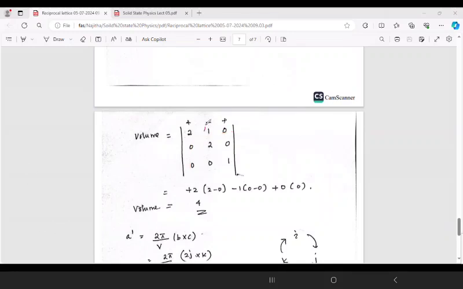Then you take minus 1, so 0 minus 0. Then you are taking 0, so 0 into 0, altogether 0. So the volume is 4.